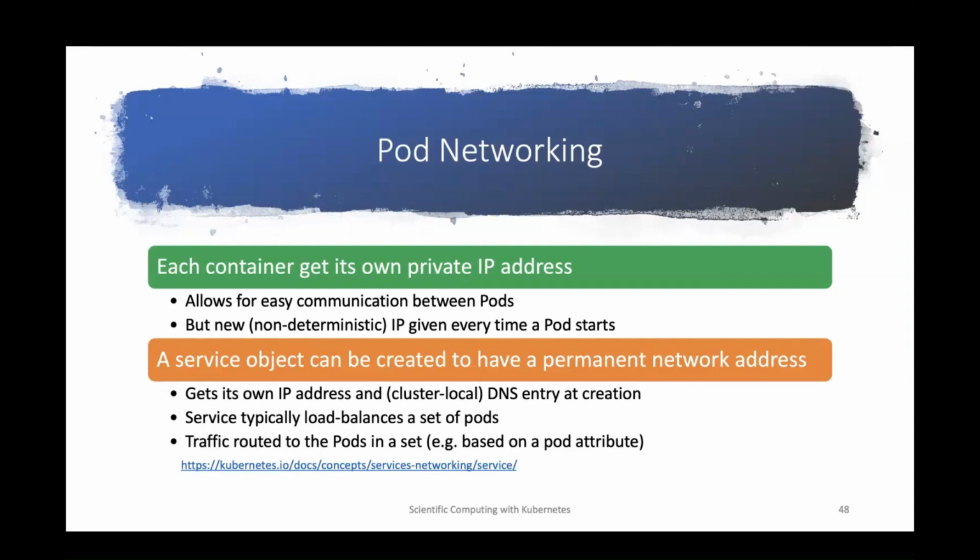To help with that, you can create a service object that has a permanent network address, both an IP and a cluster-local DNS entry. And it can be used to route the traffic to those pods, typically in round-robin fashion. Again, not going into details about it. There's a link, but be aware of it if you want to go beyond pure batch computing.